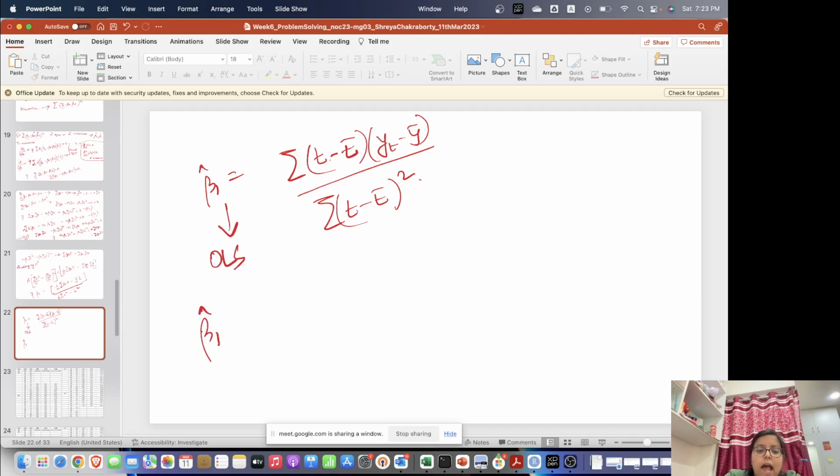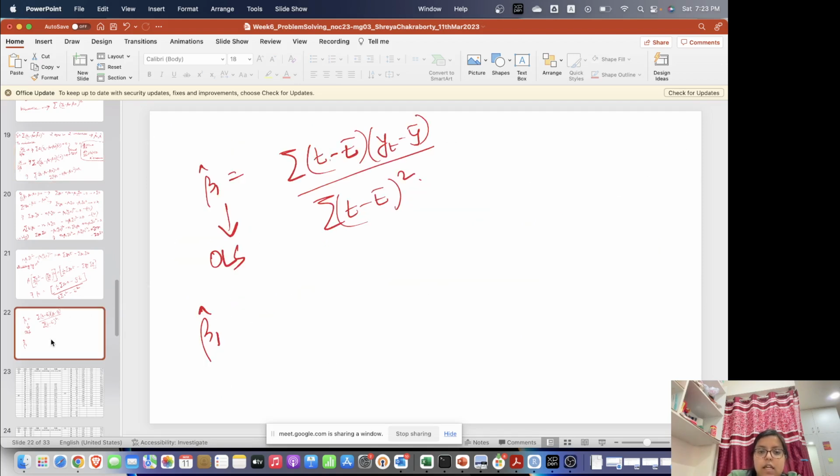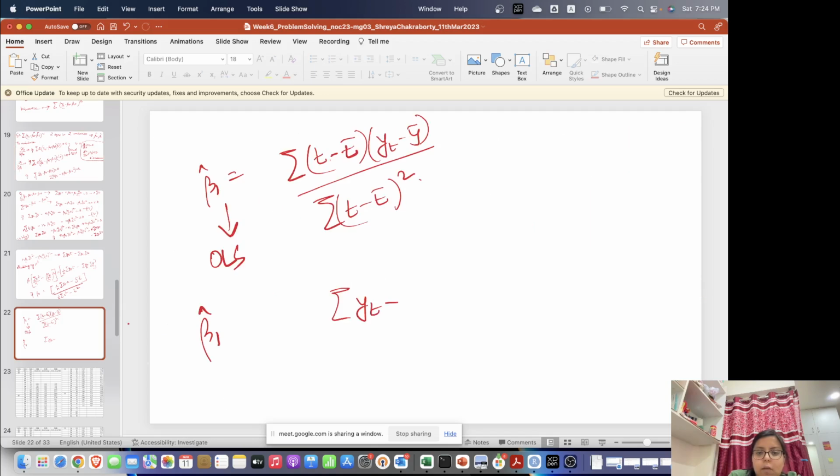Okay, and if we substitute the beta 1 value in any of the normal equations, let's say I substitute beta 1 in the first equation, that is summation y_t minus beta naught minus beta 1 t, this is 0.